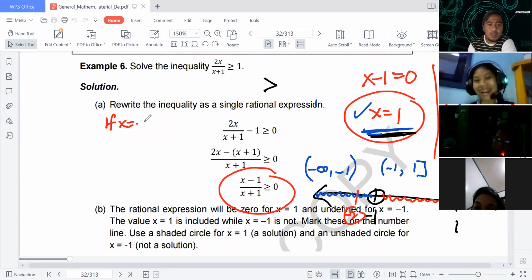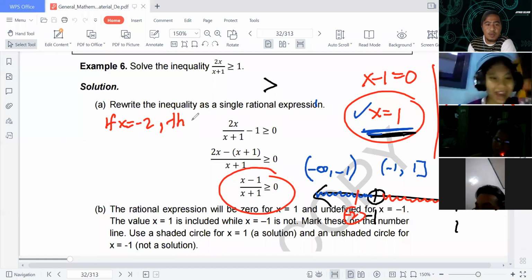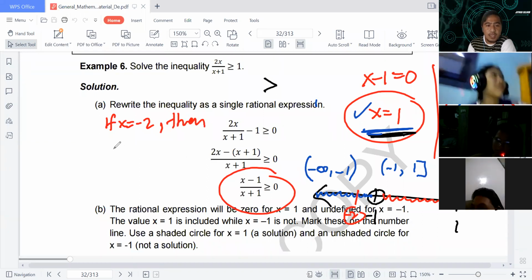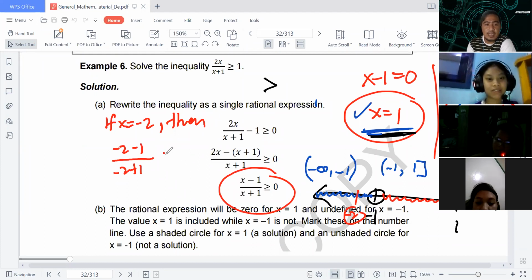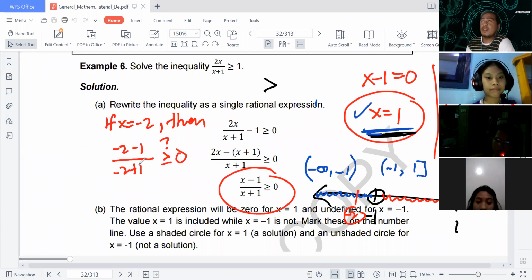If x is equal to negative 2, then what will happen? It will be negative 2 minus 1 over negative 2 plus 1. Is it greater than or equal to 0? What do you think? Remember, if the signs of the numerator and denominator of a fraction are opposite, then it is less than 0. But if they are the same, it is greater than 0.